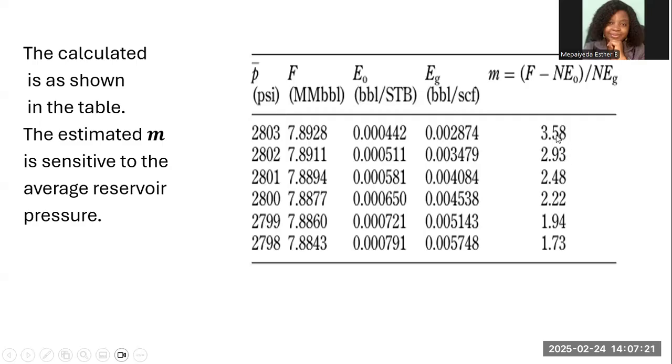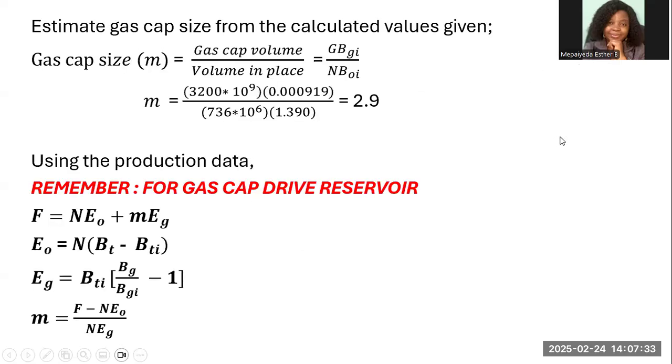So why do you think your m, especially between 2803 and 2802, is higher than the estimated m from the volumetric data? There, pressure is not involved; it's not sensitive to pressure. You only have the G, the Bgi, your Boi, and your N to estimate your m.